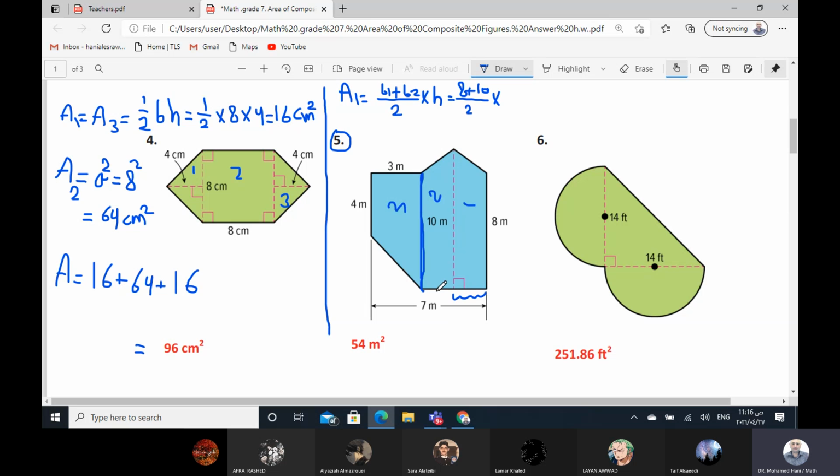The whole side here is 7, the half of the whole side 7 will be 3.5. The half of 3.5 means 3.5 divided by 2, 1.75.